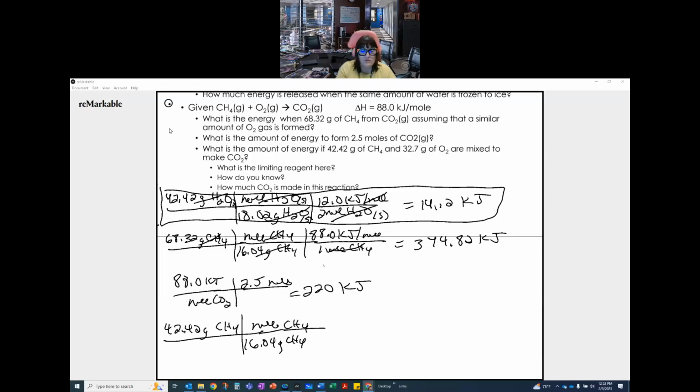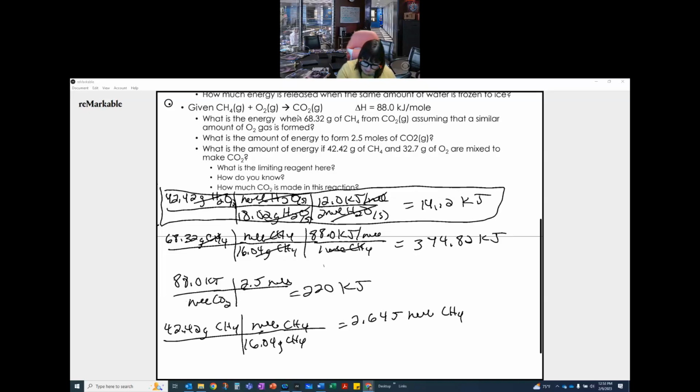And of course, the number of moles of CH4 and the number of moles of O2, they're both 1 to 1. So I need 1 mole of CH4 to make 1 mole of CO2. I need 1 mole of O2 to make 1 mole of CO2. So awesome possum, 42.42 divided by 16.04 tells me that I have 2.645 moles of CH4.